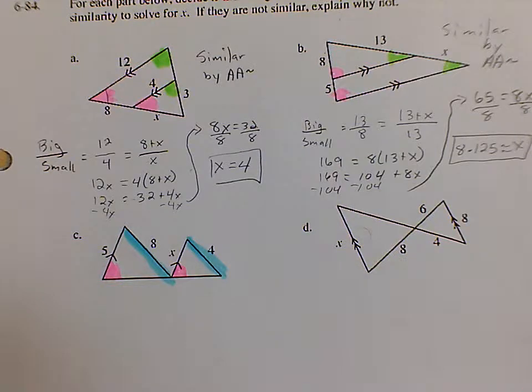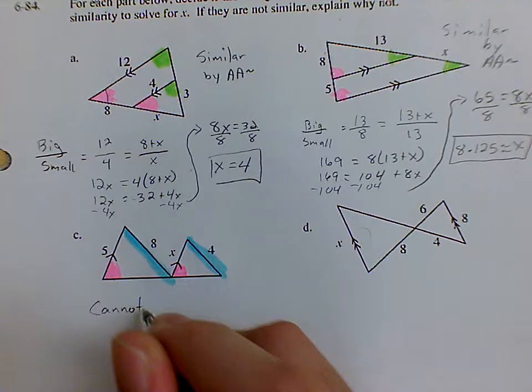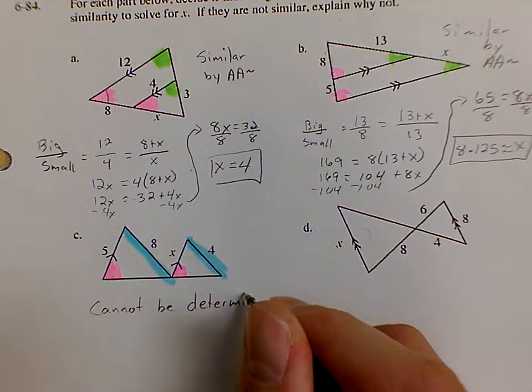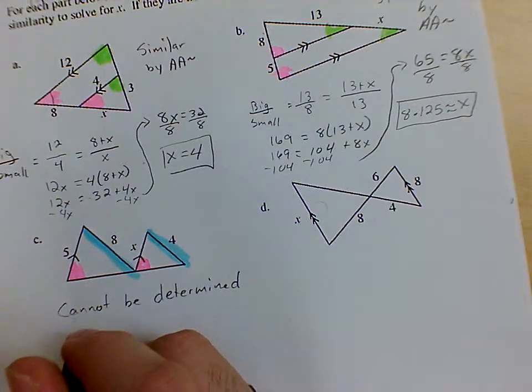And actually, that's all the information we know. There's nothing else given to us. We don't have any alternate interior angles we can work with. So this is going to be cannot be determined, because of not enough information.